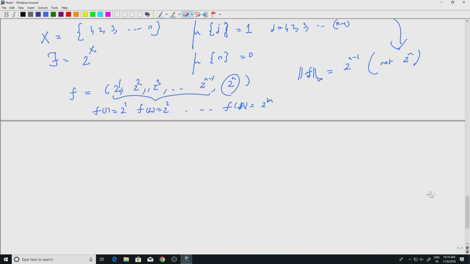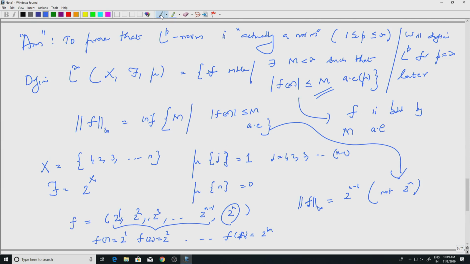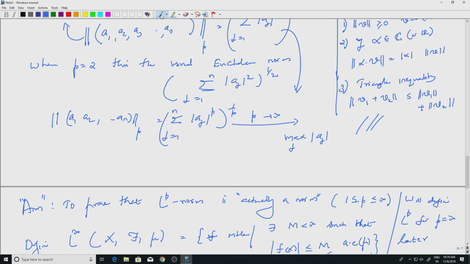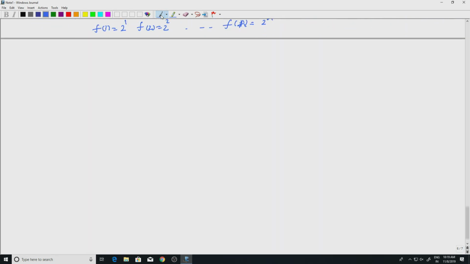So, when you deal with the L infinity norm, just see that sets of measure 0 you can discard essentially. So, we have defined the LP and L infinity norms. Our aim is to prove that LP is a norm.